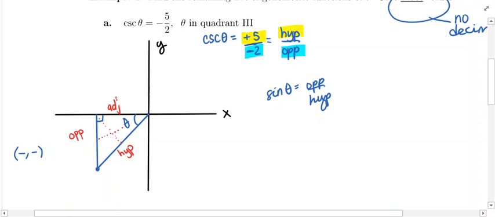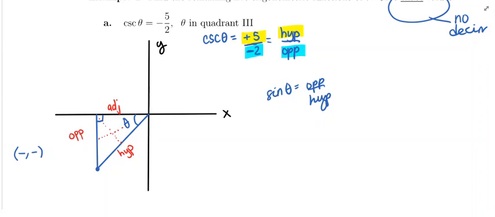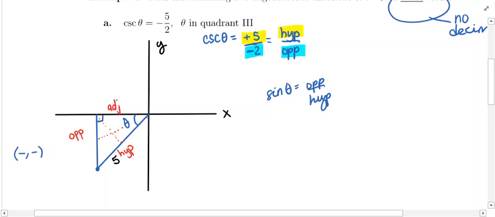This is how you should be labeling your triangle. The hypotenuse should be positive 5, and the opposite side we label negative 2. Why is it negative? That makes sense because this is a length of 2, 2 units below the x-axis. So this y distance would be negative 2 on the y-axis. That's how you start this off.